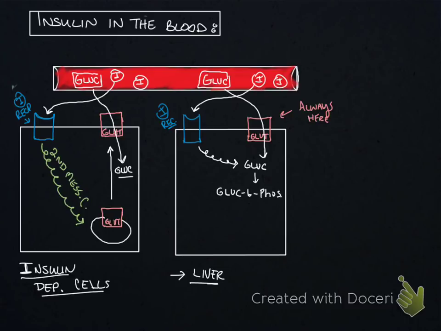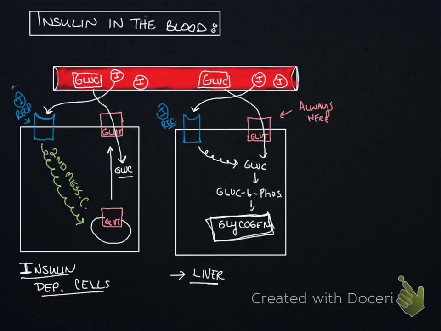And since we're a liver cell, this glucose 6-phosphate becomes glycogen. And remember, carbohydrate short-term storage, especially in the liver, is glycogen. Okay, so the liver stores glucose as glycogen.